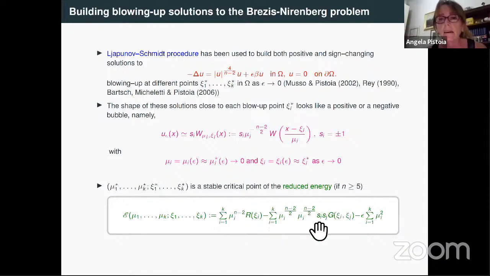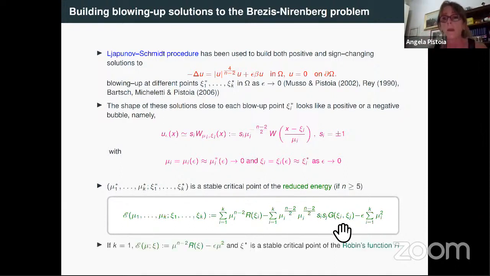And this guy here, R(xi_i), is the Robin function at the concentration point xi_i, and the G(xi_i, xi_j) is the interaction between the two peaks, which is positive if they have the same sign, or negative if they have different sign.